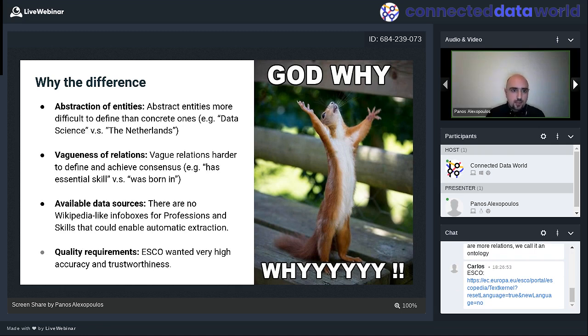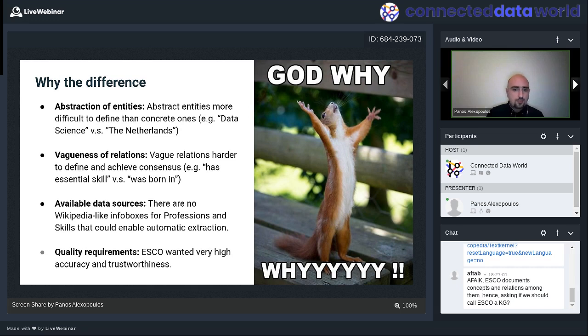A third aspect, which is very related to this masterclass, is the available data sources. DBpedia is mined automatically from Wikipedia info boxes, which are semi-structured information, right? It already has a structure, and it's quite convenient and quite accurate to get information from.